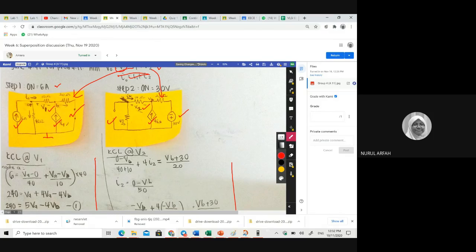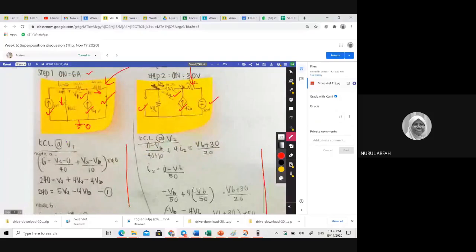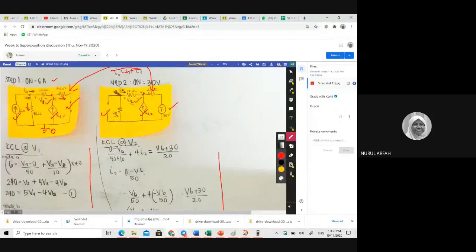Yes, reference point. So where's your reference point? Yeah. Okay, reference point, and then you draw all the current directions. Yes, you have that. Very good. And then you have a point node, right? Like this one B, this is A. That's good. Okay, now KCL at V1. Where's your V1? Mana V1? This one.